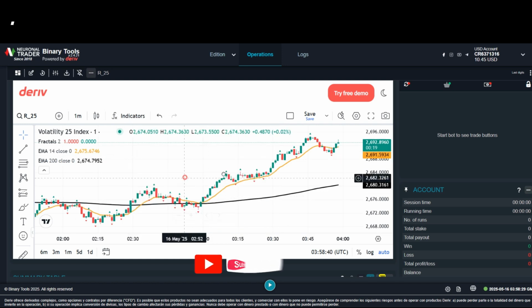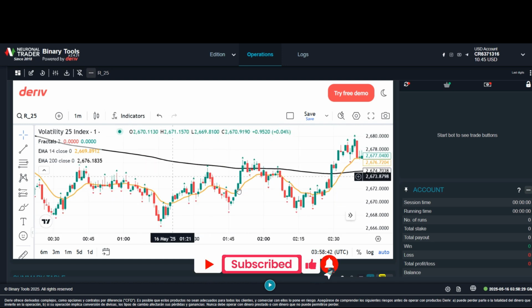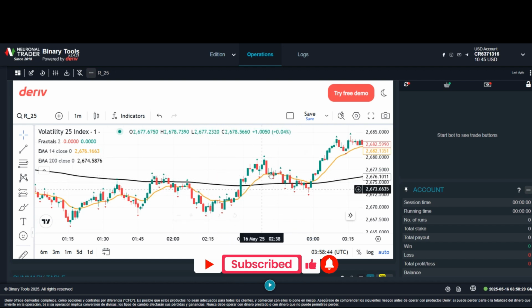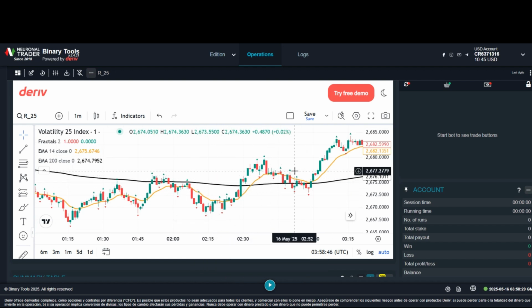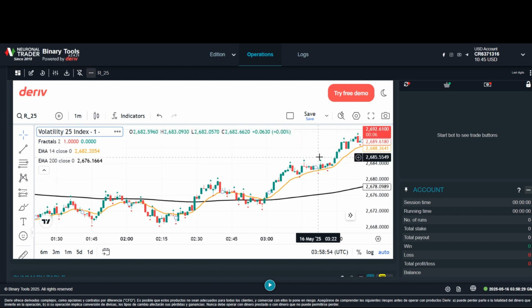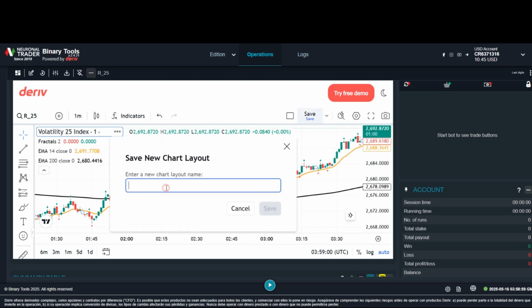You will see we have something like this in the chart. In order to use this in the future, so that you should not come here every time and try to add these indicators, you can just save this chart so that you can use it later. So what you need to do is come here and save this layout. Then put the name here.